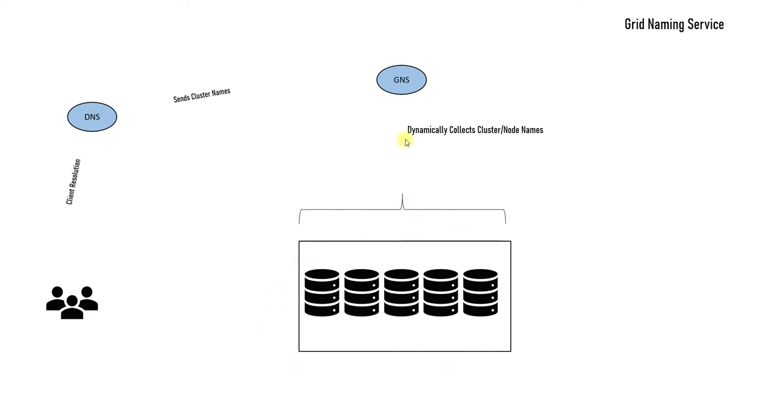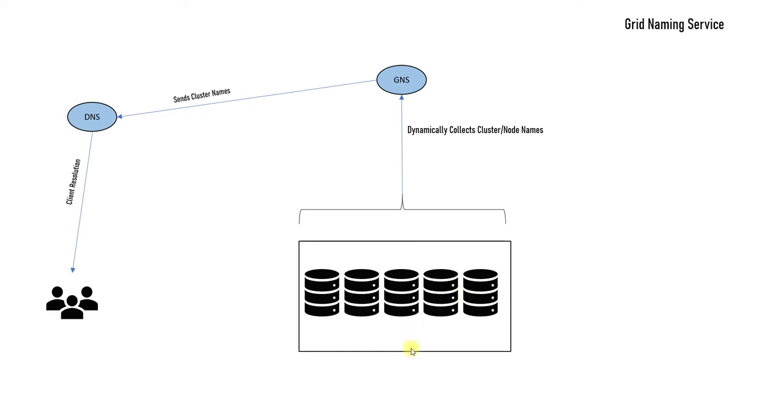So how it works is GNS dynamically collects all the node names and the cluster name, and it routes that information to the DNS server, and then DNS finally replies to the clients who are thinking about connecting to any specific node. Let's say one more node is added; they do not know.